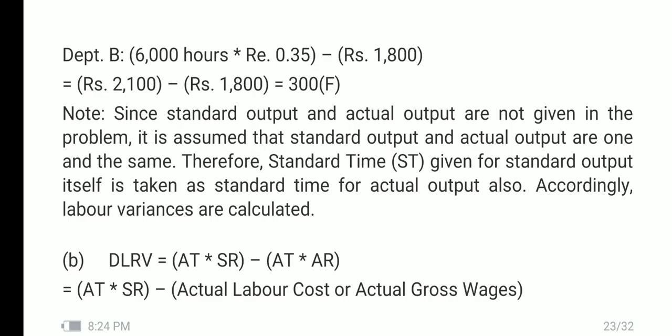Since both are not given in the problem, we assume that standard output and actual output will not differ. They are one and the same. Therefore, standard time, that is ST, given for standard output itself is taken as standard time for actual output also. Accordingly, labor variances are calculated.